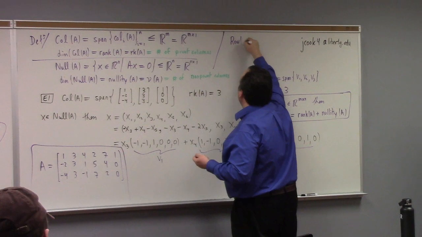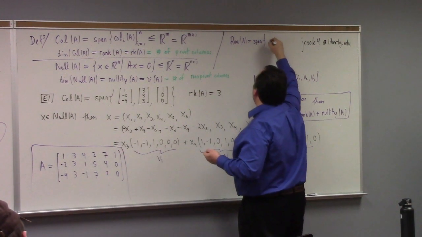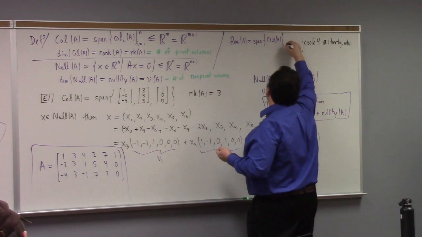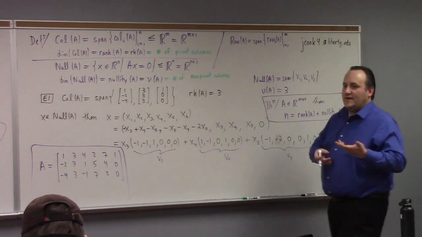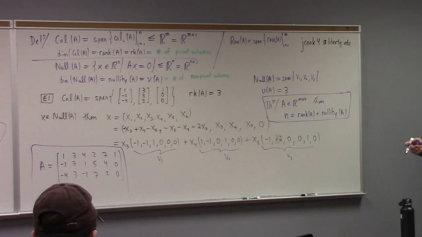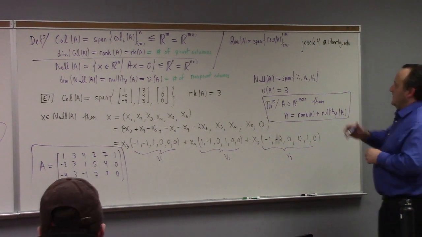Row space of A, what's that? This is going to be very surprising. It is the span of the rows, all right? So row space of A is a subspace of the n-dimensional vectors, right? Okay, anyway. So that's a space.